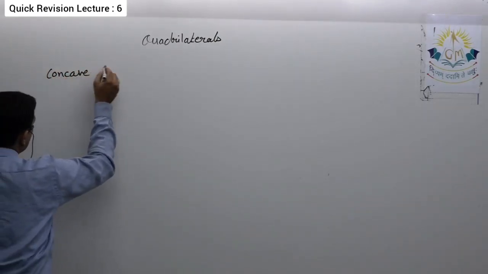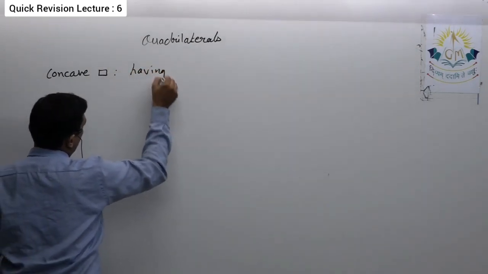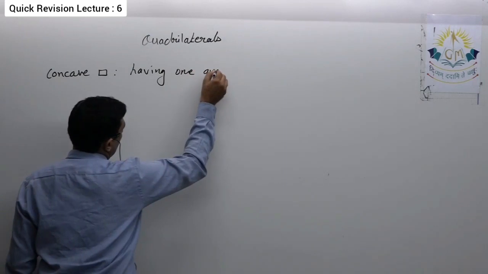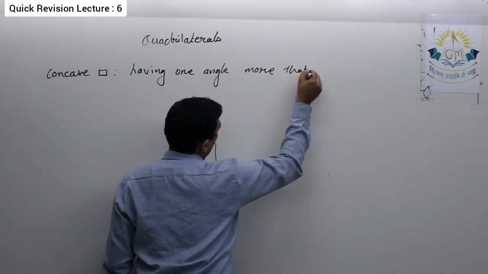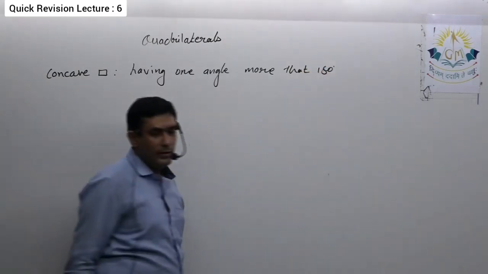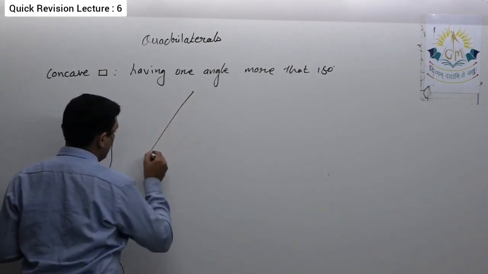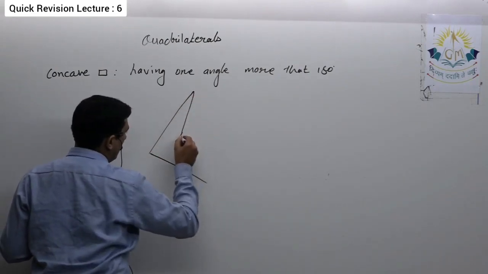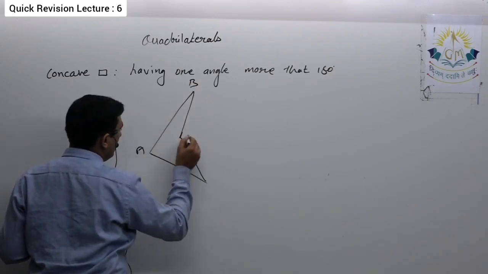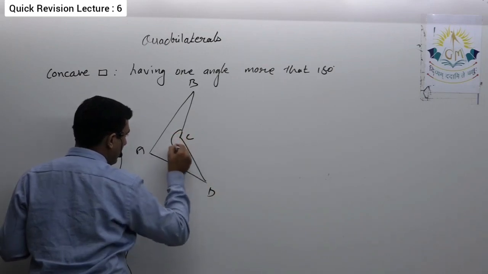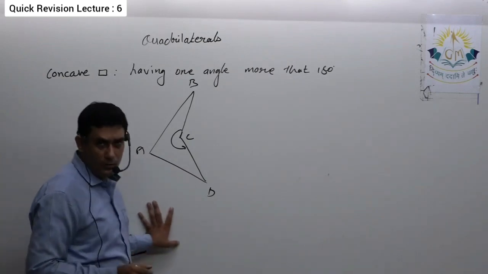Something like this is its diagram. Okay, this is a concave quadrilateral ABCD. Here you can see this angle has measure greater than 180 degrees, so ABCD is a concave quadrilateral.